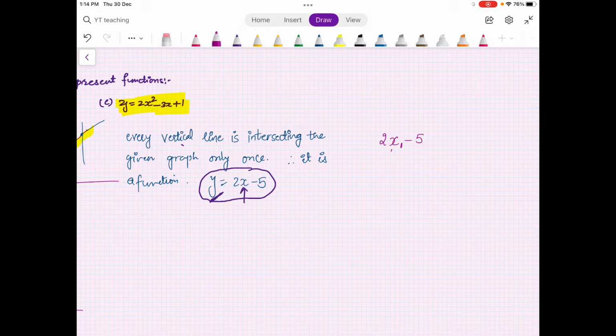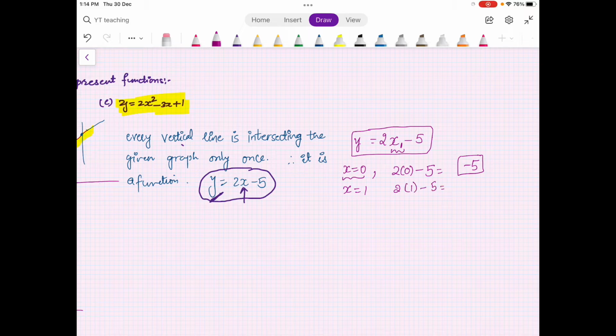So for any value of x, I get only one value of y. For example, if x is equal to 0, I get 2 times 0 minus 5, that is minus 5. For x is equal to 1, I get 2 times 1 minus 5, that is minus 3.